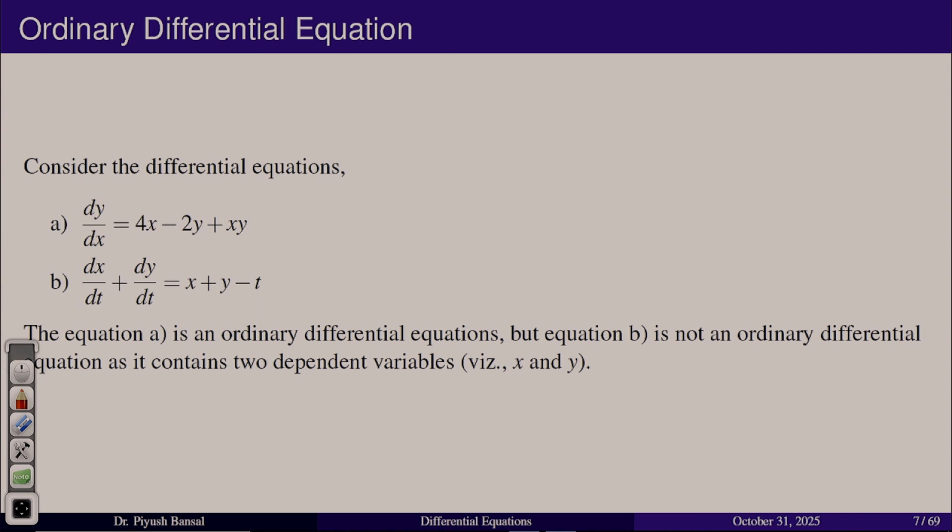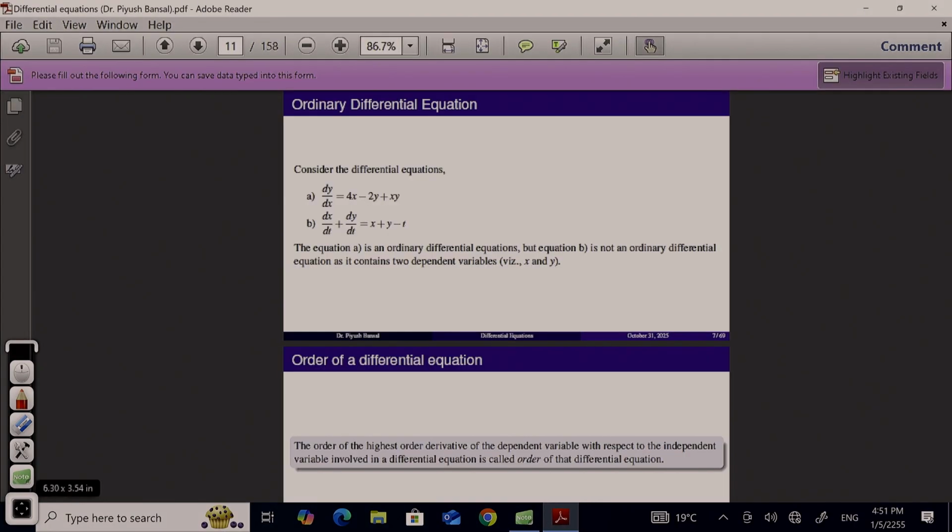So, looking at that definition, we can see that option A is an ordinary differential equation, whereas option B is not an ordinary differential equation, because it has two dependent variables x and y of the variable t.